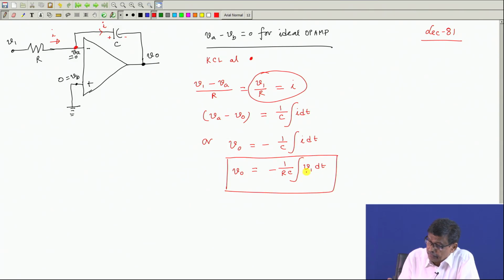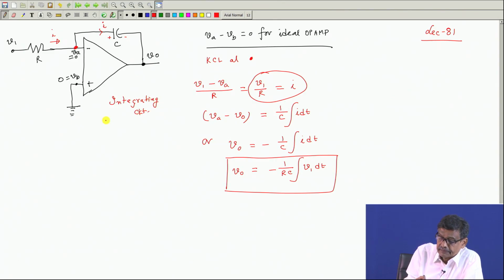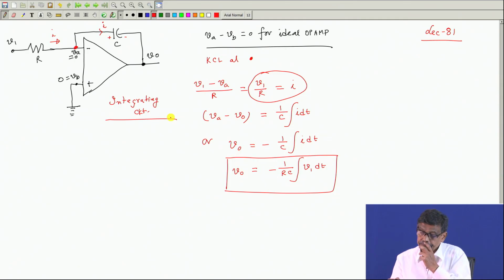So, whatever input signal it gets here, it will simply integrate that and return it at the output. So, it is called an integrating circuit, a very popular circuit used with op amps.